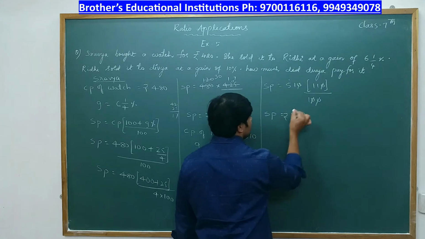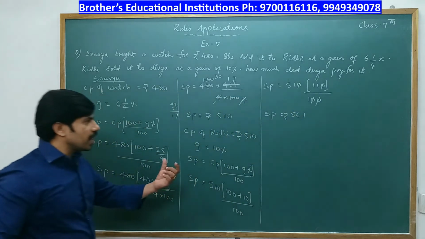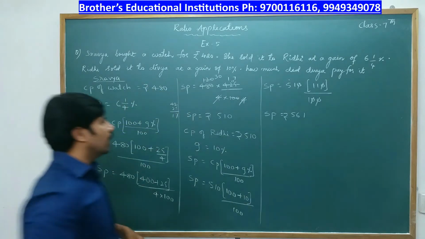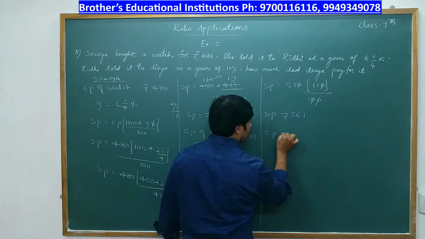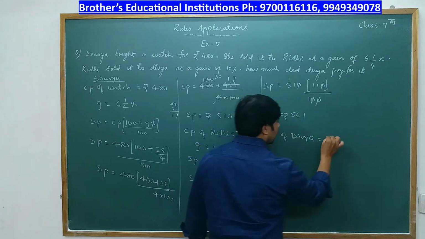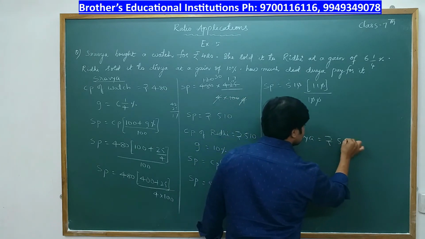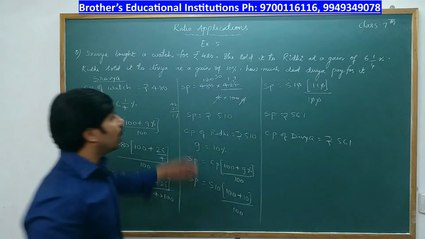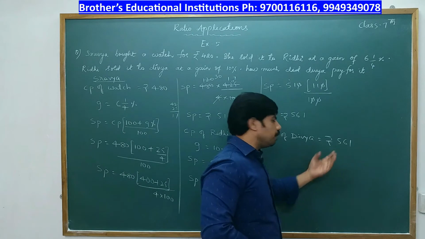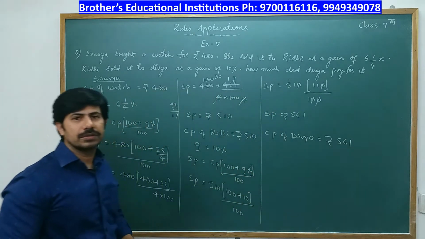So the selling price of Riddhi is 561, which is nothing but the cost price of Divya. So Divya paid 561 rupees and purchased the watch.